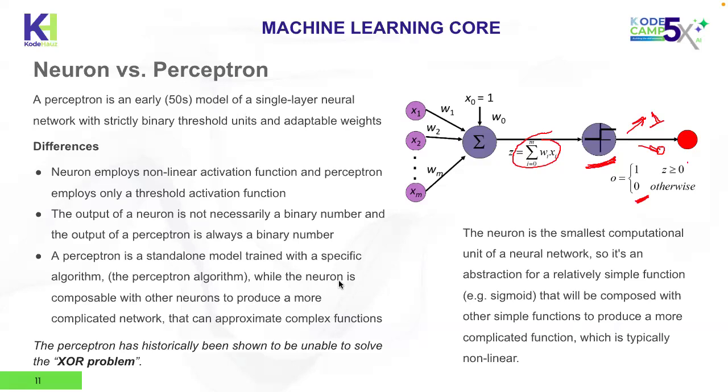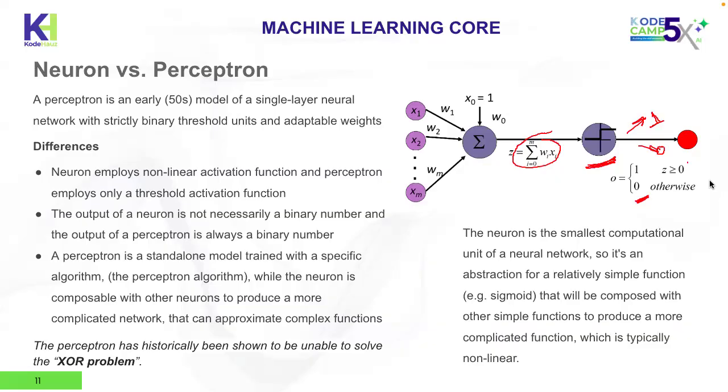And in this formulation, where the perceptron could only have a value of either 0 or 1, it had a lot of limitations. For those of you who may have looked at it, there used to be this question of the XOR problem, that you cannot solve the XOR problem in a neural network.